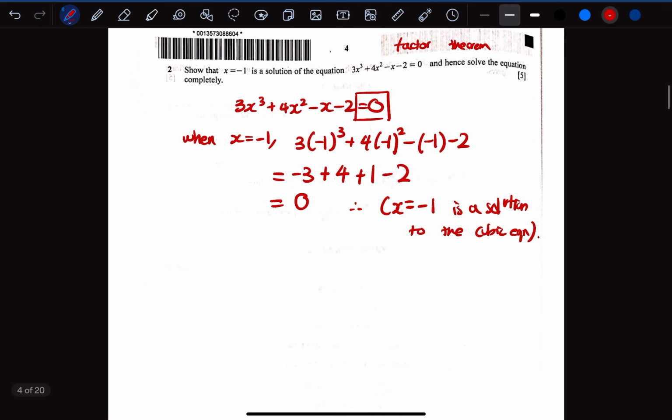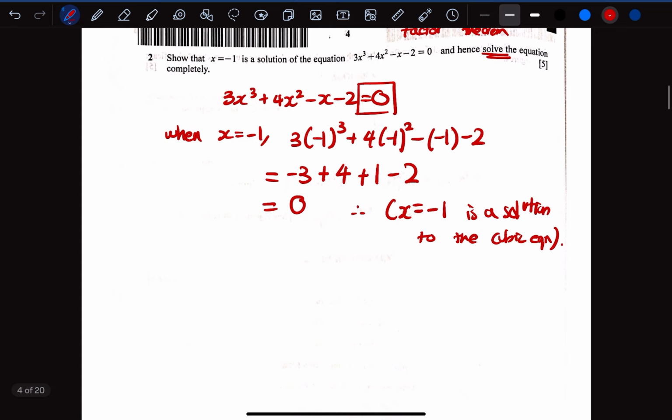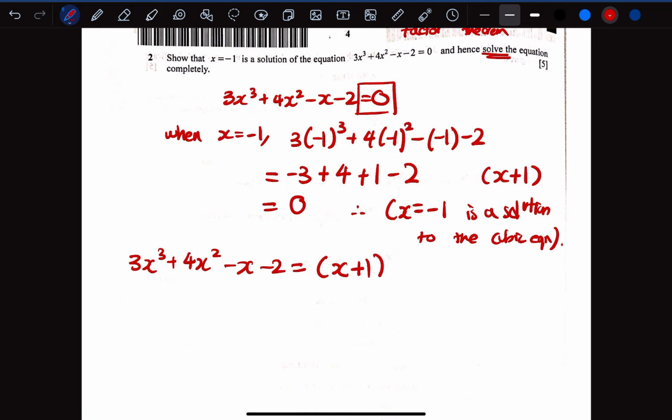And now they tell you, hence, solve the equation completely. Well, over here, you can either do your long division method, or you can do your comparing coefficients method, of which I prefer comparing coefficients, because we know that x equals -1. When you make it a factor, it is x plus 1. So essentially, we divide it by x plus 1.